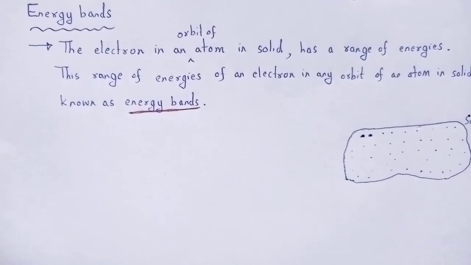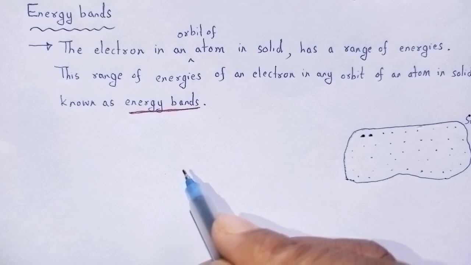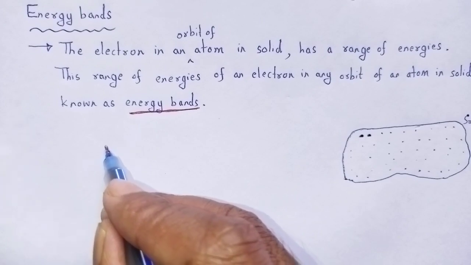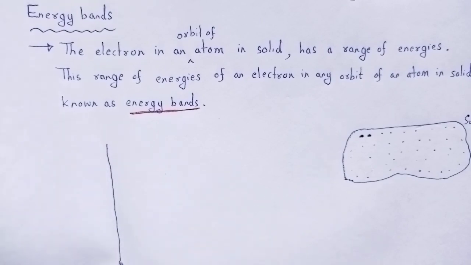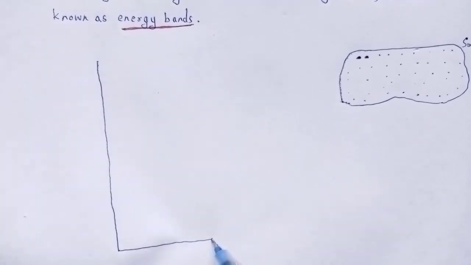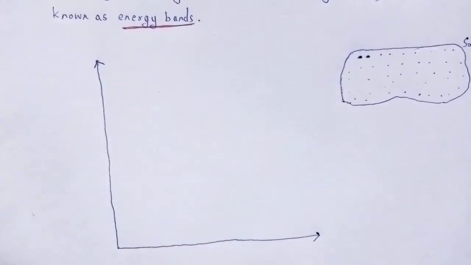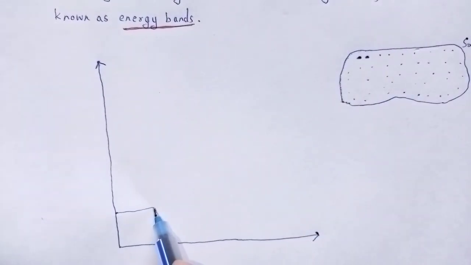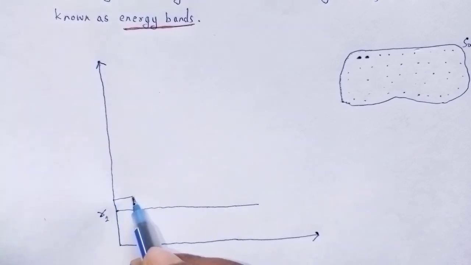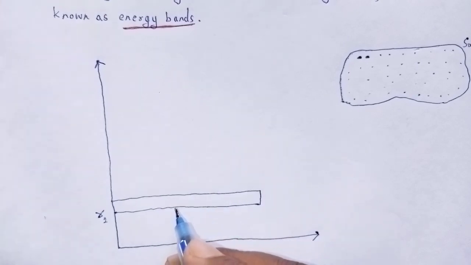If we plot the graph, or we can show the energy band in terms of diagrams, at radius r1, the first energy band.